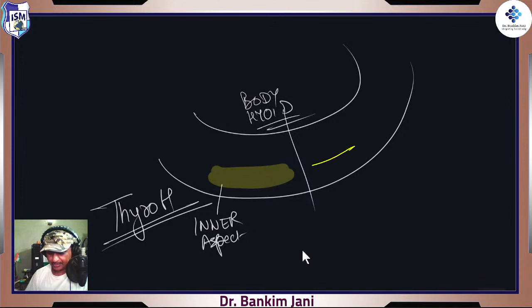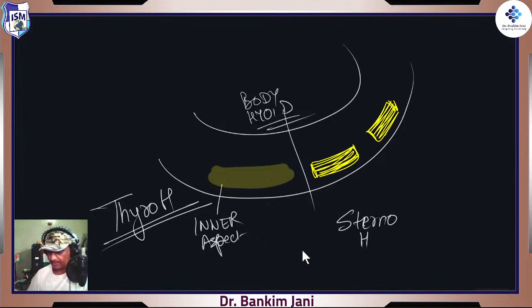They are connected externally, so I am drawing them with a bright color. So we have two muscles. One is sternohyoid and the second is omohyoid.